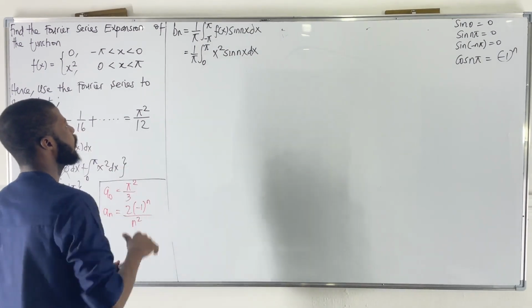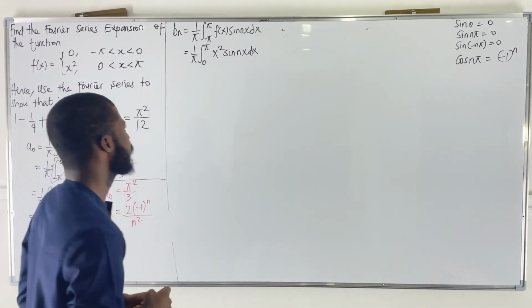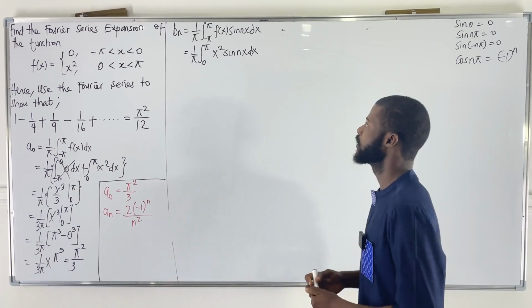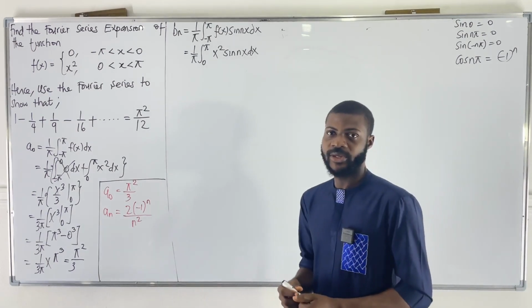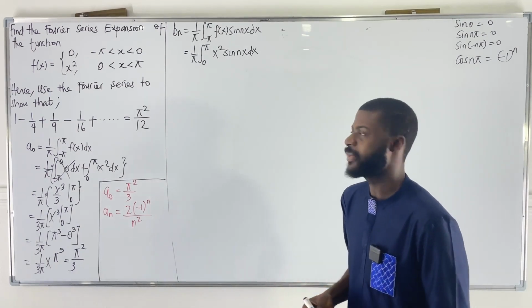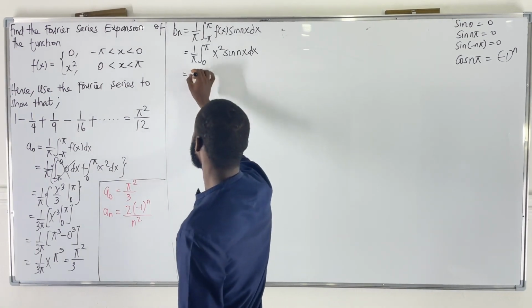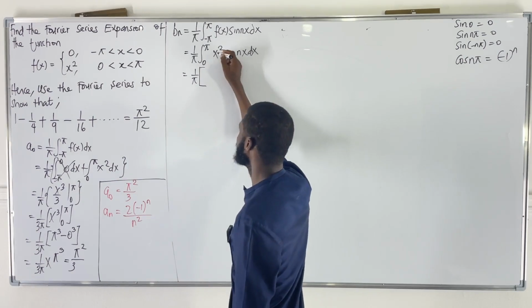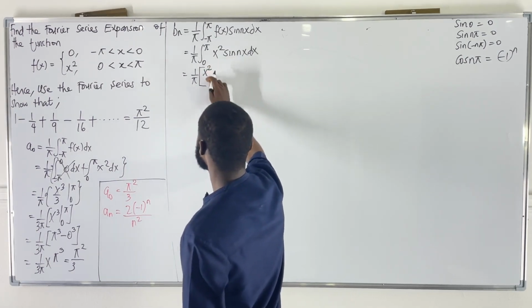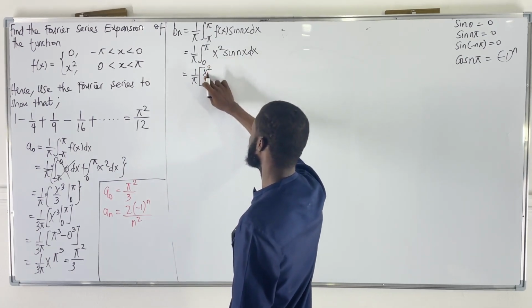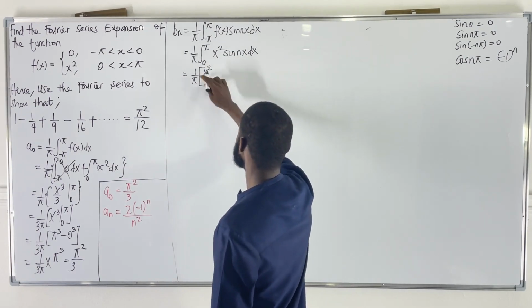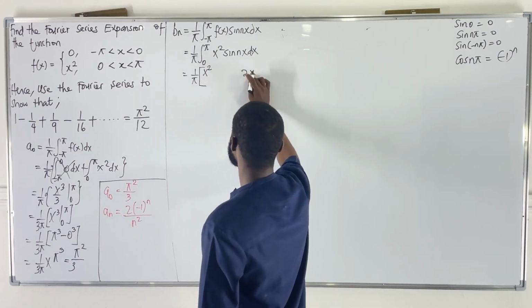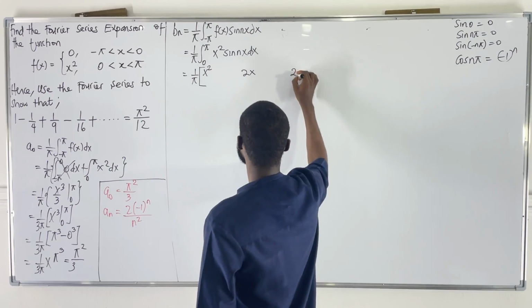And this is where we apply our integration by parts. Let's use our procedure again, our short form, the better way. So this is 1 over pi, open up a bracket. I'm going to write x squared. Then differentiate x squared until you get 0. Differentiate x squared, you're going to have 2x. Differentiate 2x, you're going to have 2.